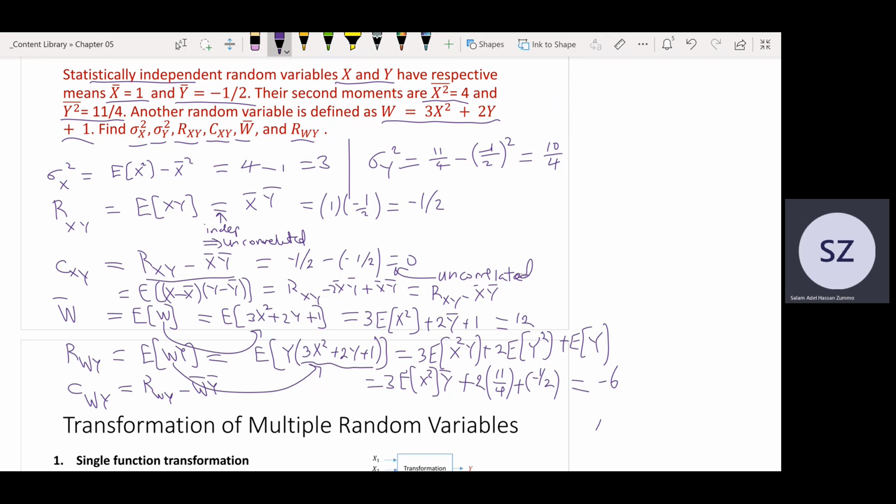Now we want the correlation coefficient between W and Y. What to do? Nice one. The correlation coefficient, W and Y. Now we know this, we calculated this, we know W bar, we know Y bar. So we can calculate this. Okay, find it out. Now what about rho WY? The correlation coefficient between W and Y. What is it?